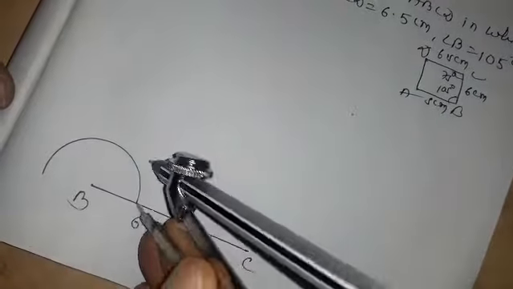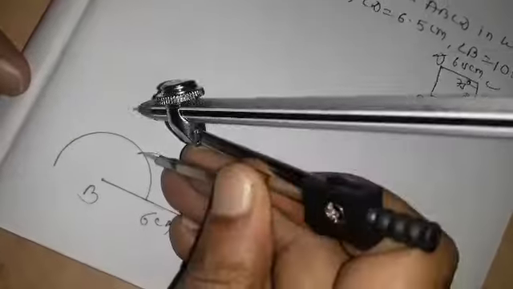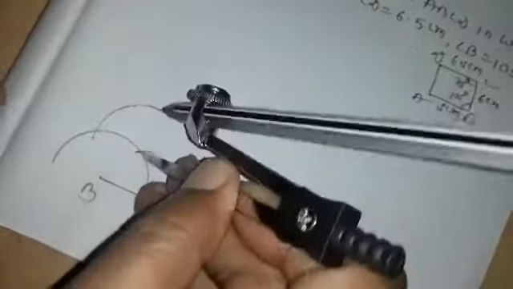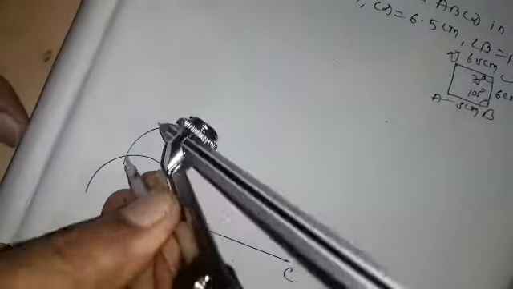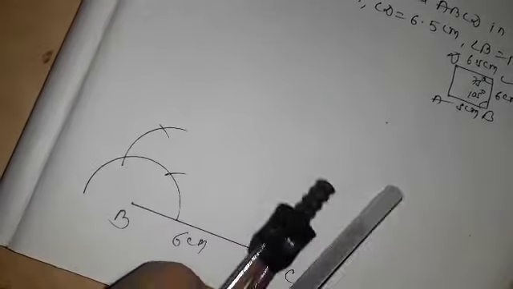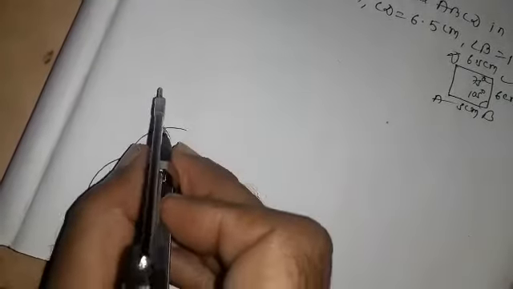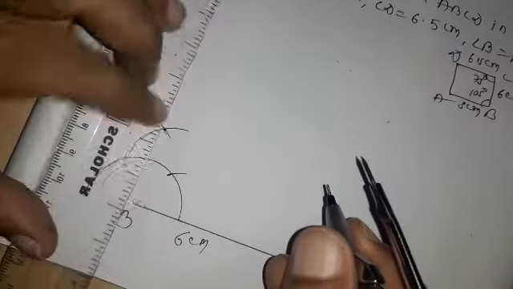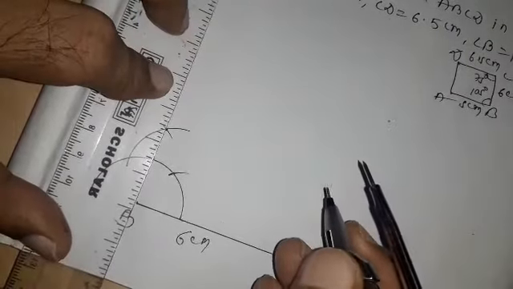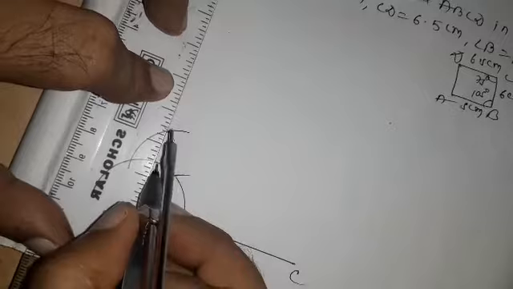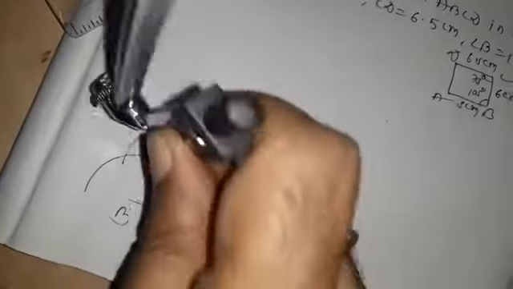For this, draw 60 degrees, another 60, bisect it, then this is 90 degrees. Now this 90 is divided into two parts.